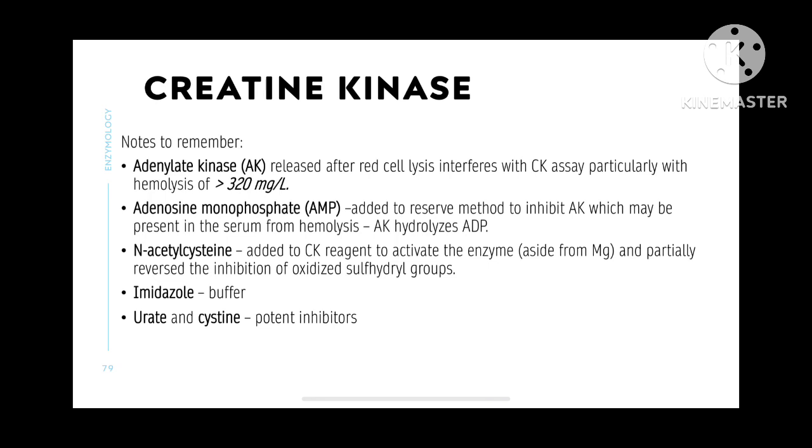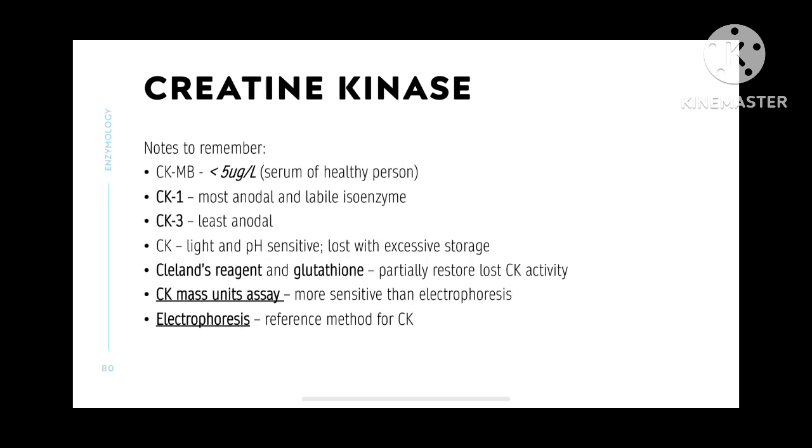Remember that AK is an enzyme released from erythrocytes in hemolyzed samples and appearing as a band cathodal to CKMM. This adenylate kinase may interfere with chemical or immunoinhibition methods, causing a falsely elevated CK or CKMB value. Methods used for the measurement of CK isoenzymes include electrophoresis, ion exchange chromatography, and several immunoassays, including radioimmunoassay and immunoinhibition methods.